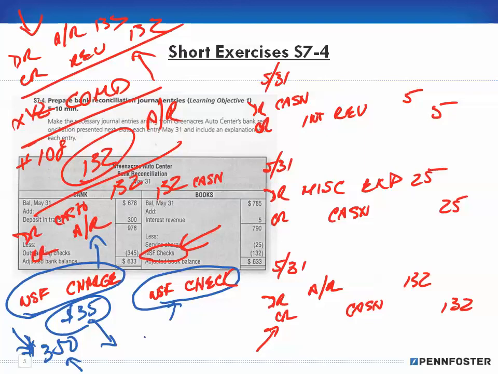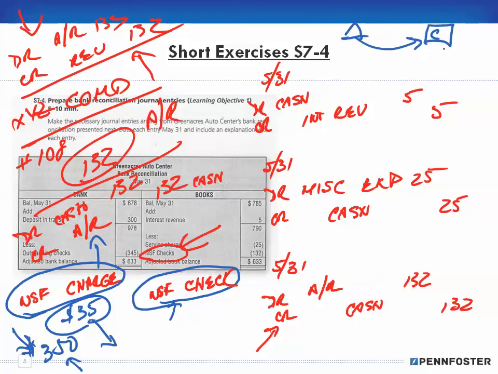And if your cash is very thin, meaning you don't have any money in your account, you're floating right around zero, and you write a check for $350 and it bounces, the bank will charge you $35. Remember, here's your bank and here's the customer's bank.